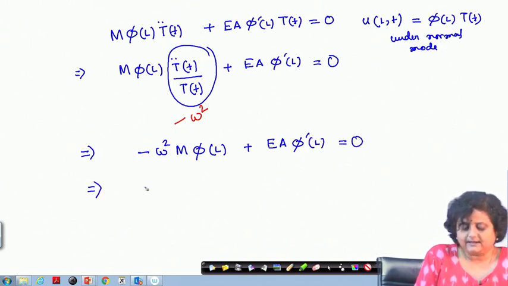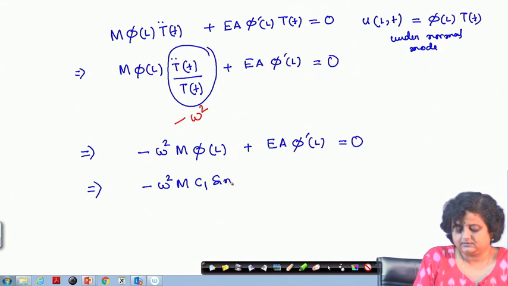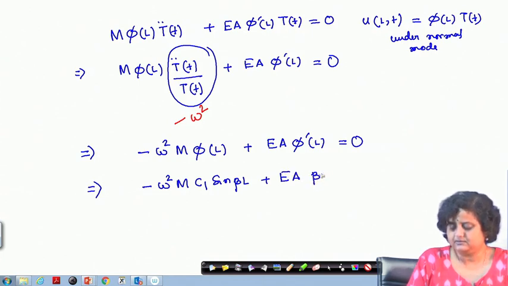So, that I can write as minus omega square m C1 sin beta L plus E a beta C1 cos beta L equals to 0.